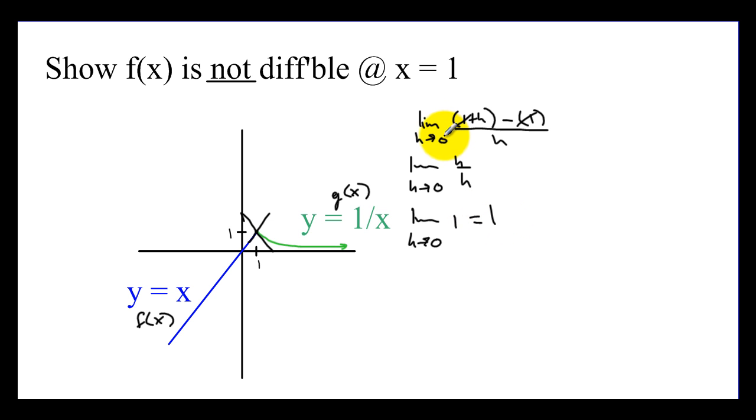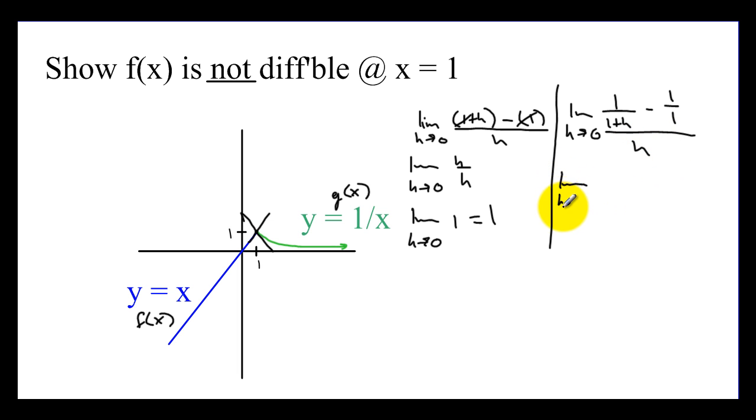So we have a limit of 1 on the left-hand side. And on the right-hand side, we have the limit as h approaches 0 of g of 1 plus h in this case. So we have 1 over 1 plus h minus g of 1, over h.